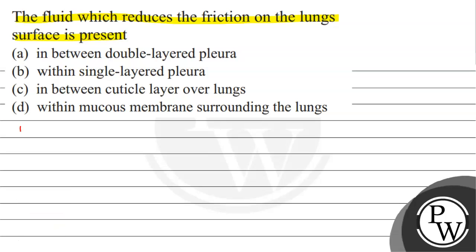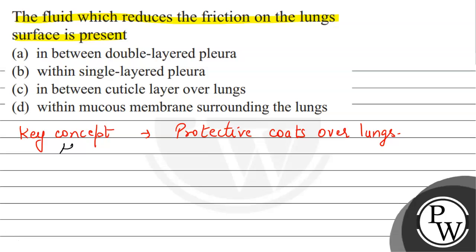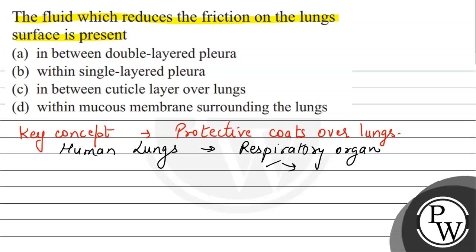So question को solve करने के लिए key concept is protective coats over lungs. क्वेश्चन के बारे में अगर हमें जानना है तो एक्चुअली हमें लंग्स के बारे में जानना पड़ेगा. Human lungs are our respiratory organ which actually consists of two parts, that is right and left part of the lungs.